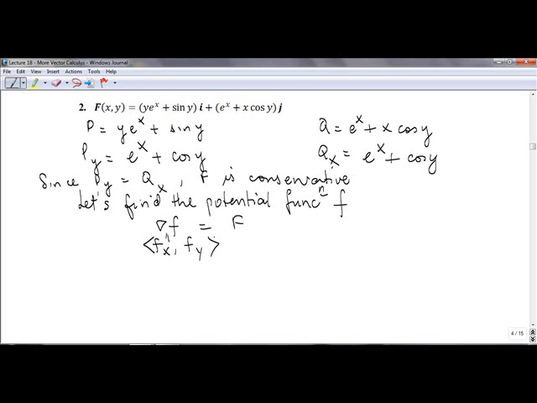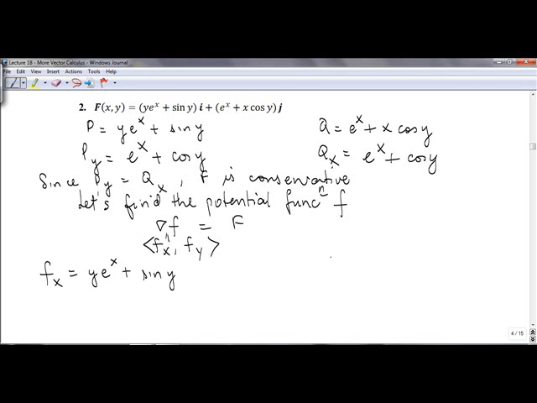Let's compare the first component. So f sub x must be equal to the first component of capital F, the vector field, y e to the x plus sine y.